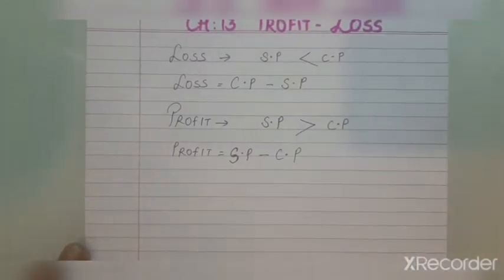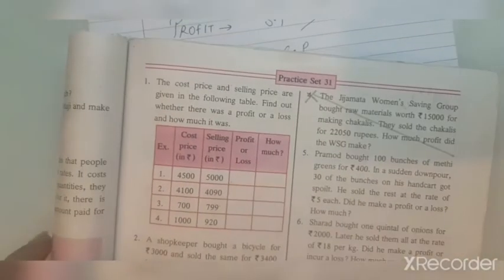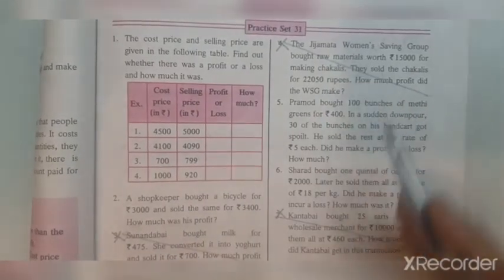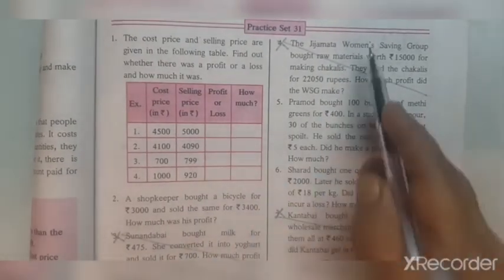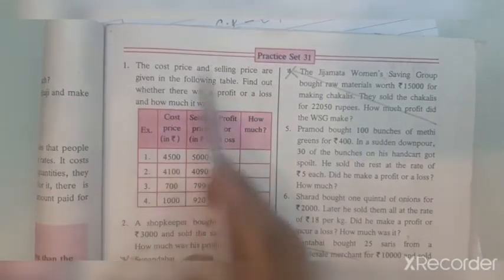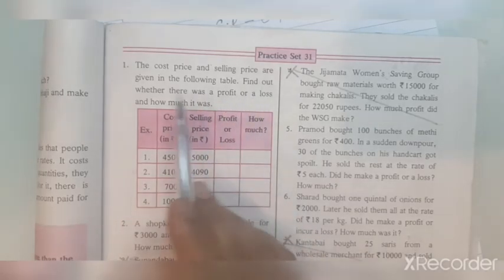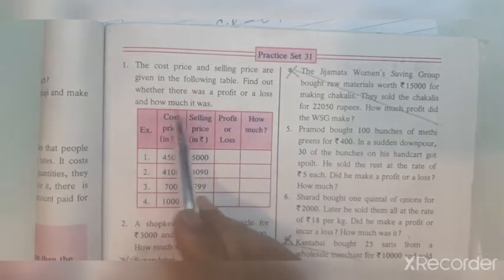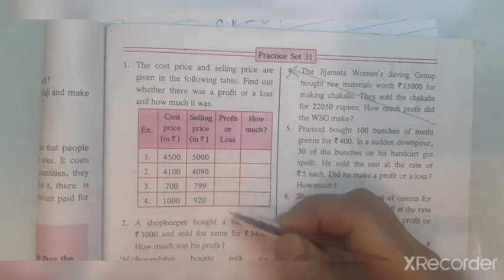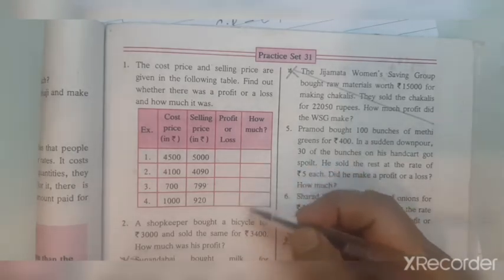Now we begin with the practice set. Now in practice set 31, you will see that the third sum, fourth sum and seventh sum are omitted. Now we begin with the first sum. The cost price and selling price are given in the following table. Find out whether there is a profit or loss and how much. We can write here whether there is a profit or loss, but how much needs a calculation, which cannot be done in the table.